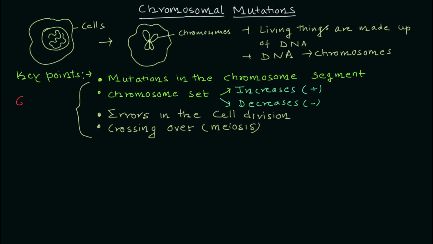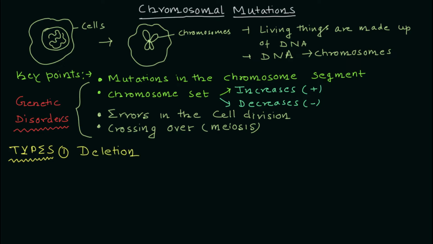So these are some of the important points. And whenever you have chromosomal mutations, most of the time there is a chance that genetic disorders in the offspring will occur. The first important point is the offspring might die before having the genetic disorder. But if it survives, it's going to have some sort of genetic disorder.